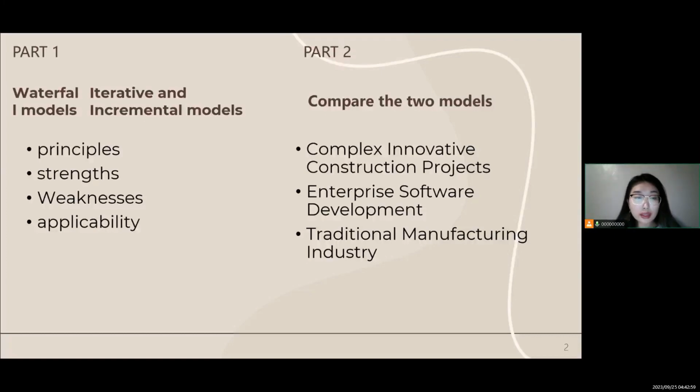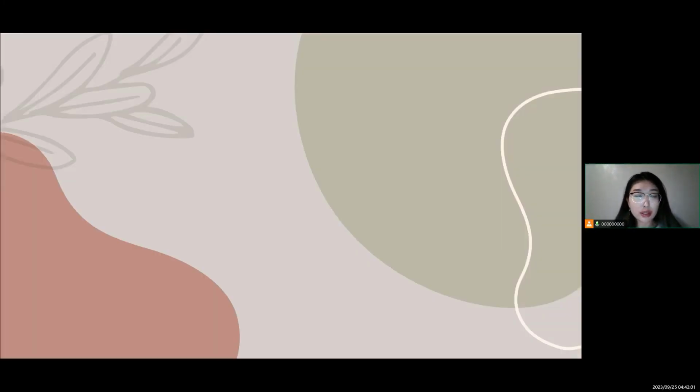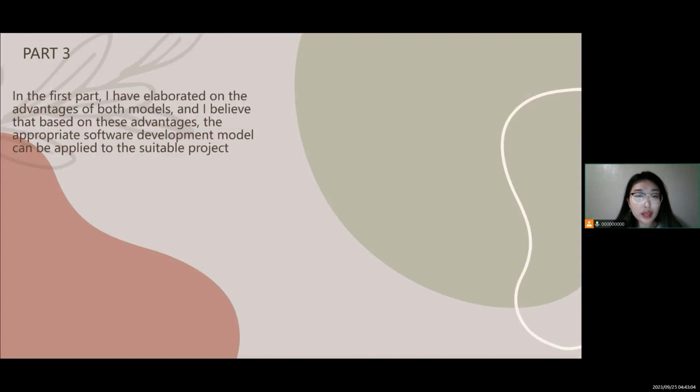Well, let us see the next part, part 3. In the first part, I have elaborated on the advantages of both models. And I believe that based on these advantages, the appropriate software development model can be applied to the suitable project.